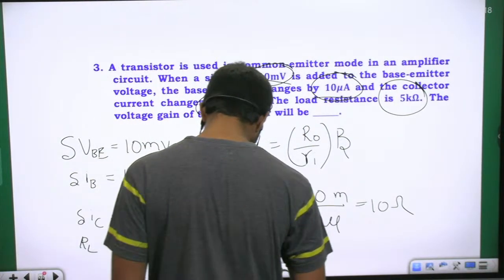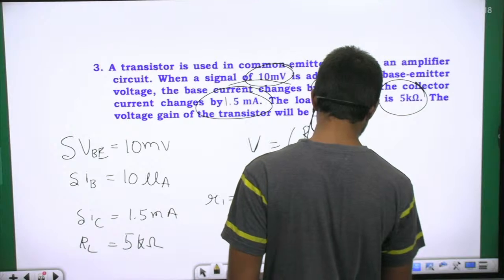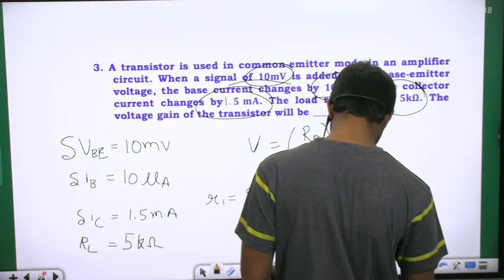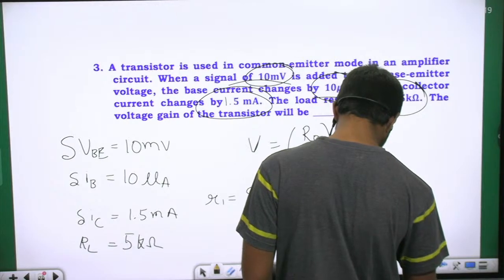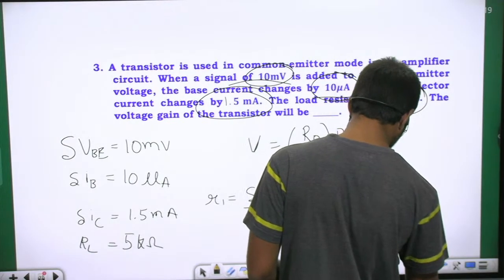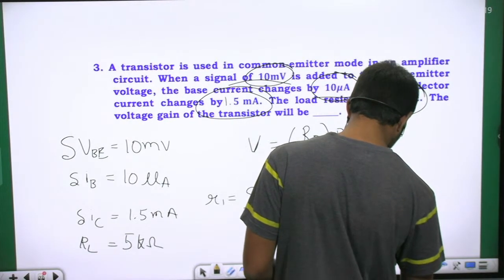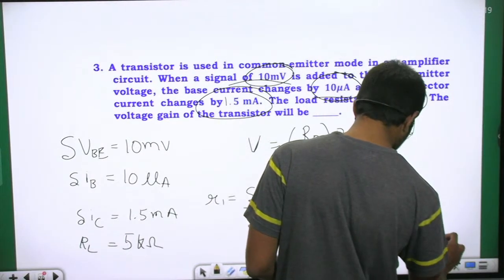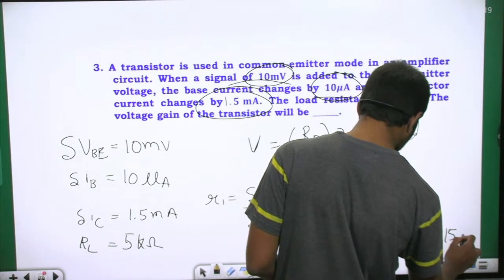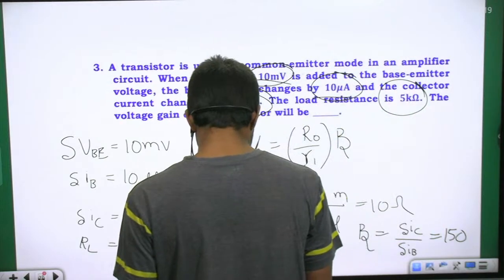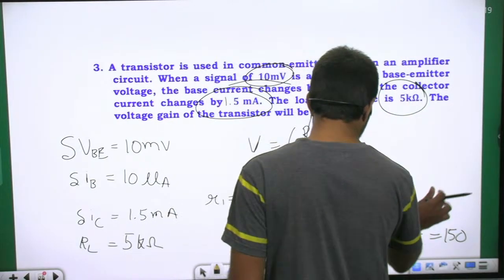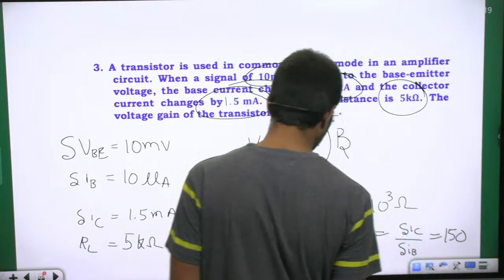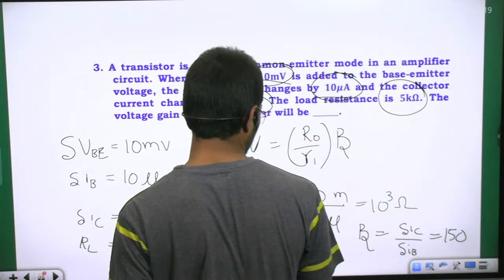In a similar fashion, how much do you get beta? It is delta IC by delta IB. You get it as 150. Ri you have 1000.